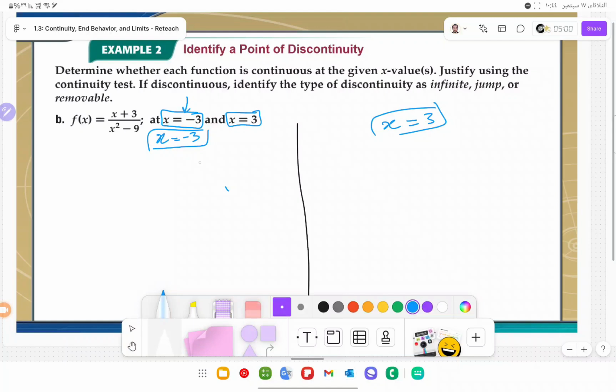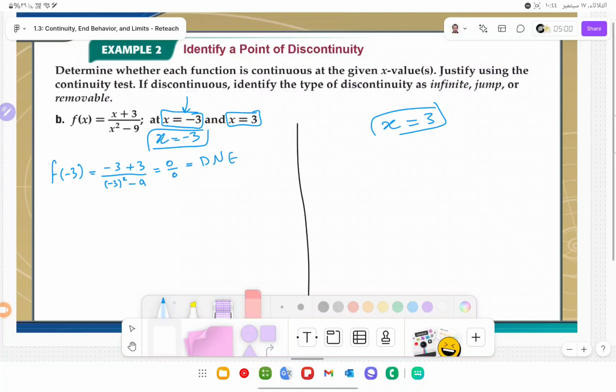Let's start with negative 3. The first thing is to find f of negative 3. f of negative 3 equals negative 3 plus 3 over negative 3 squared minus 9. The answer will be 0 over 0. What does 0 over 0 mean? It does not exist.